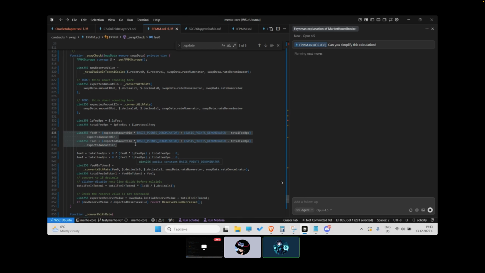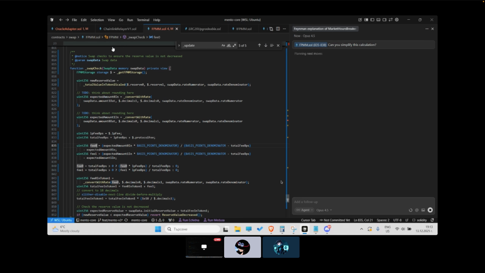I was wondering why they are calculating them, because they already calculate and send them before the swap check, or is it just a check? That's why I can't understand. Can you show the... Ah, it's still thinking.